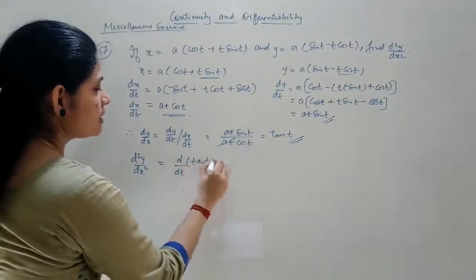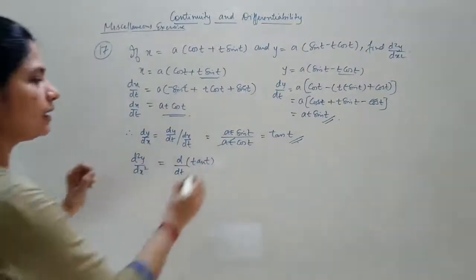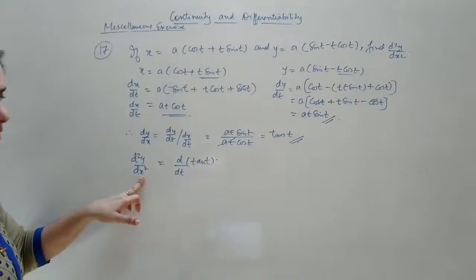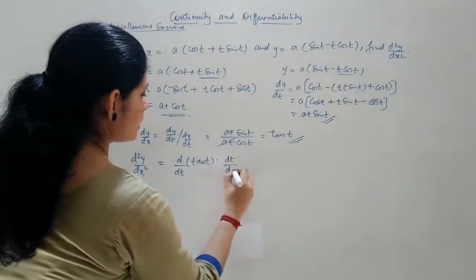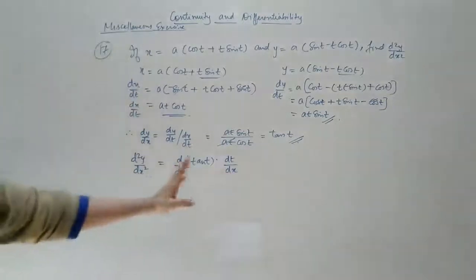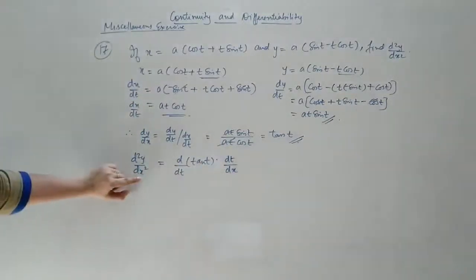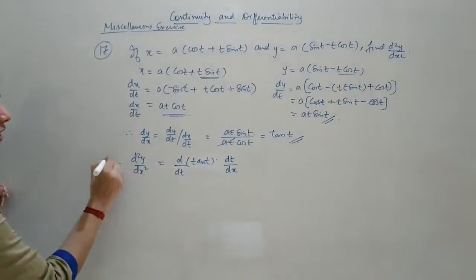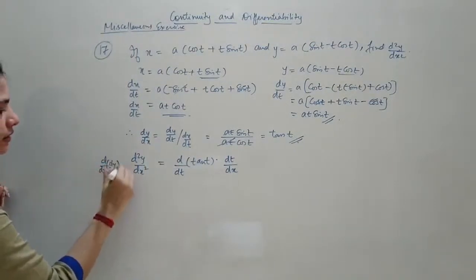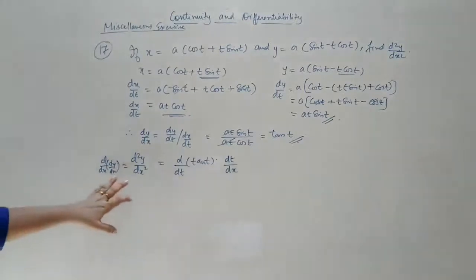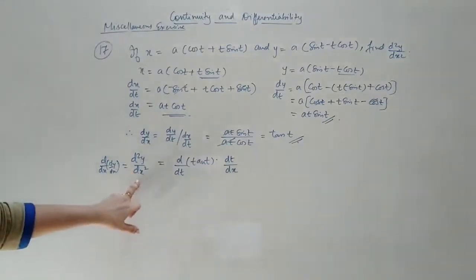So I will write derivative of tan t, and you have to multiply this with dt by dx also. That means it is actually a chain rule. This is actually d by dx of dy by dx, and d by dx of dy by dx is the same as your d square y by dx square.